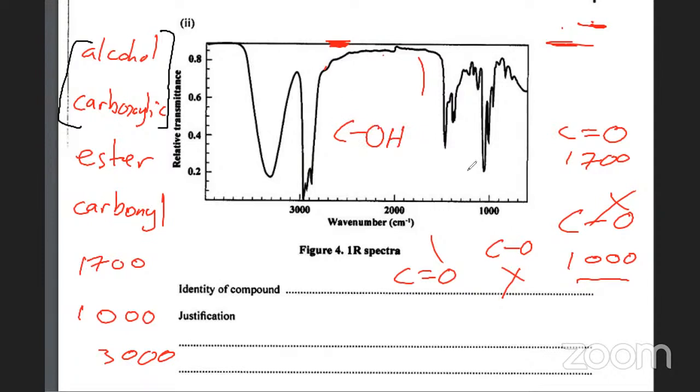So this one, we don't really need it because once you see this, you know it's the OH group for an alcohol. All right? But you still can mention it. So you have a peak here for C single bond O, and you have the OH for the alcohol. So this one would have been the alcohol.